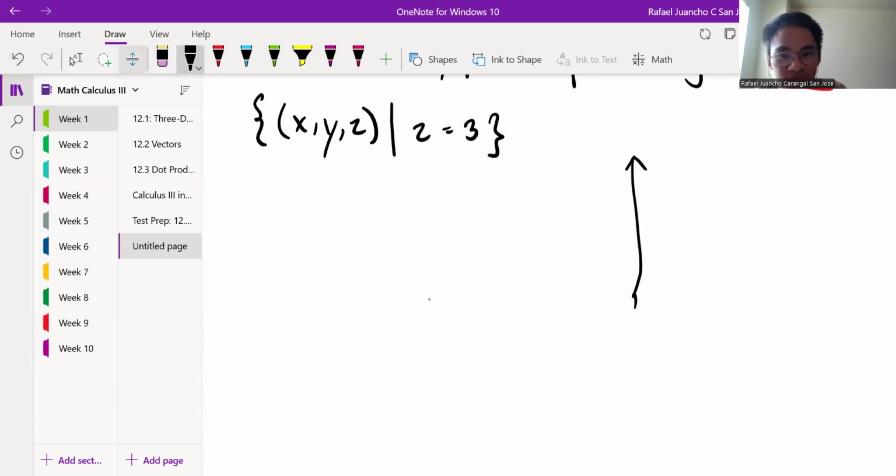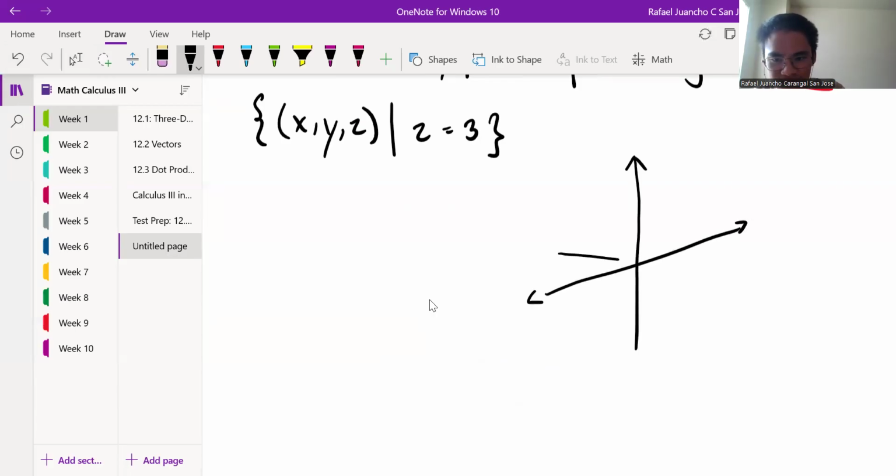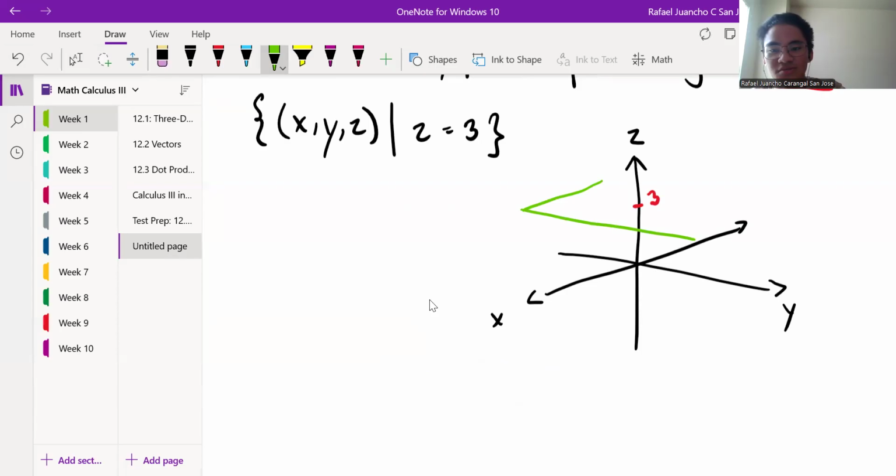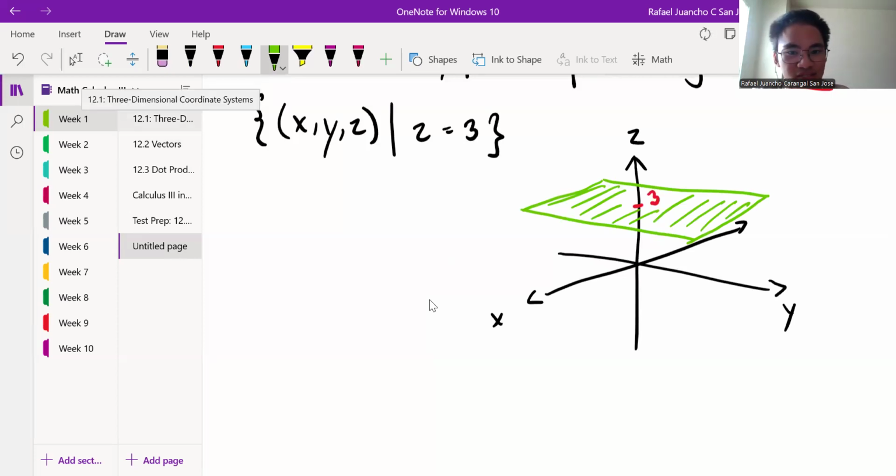I like visuals. Visually, X, Y, Z. Z is 3, and it can only be 3. So I guess this could be a surface, right? Because Z is 3. So this works. We describe the surface, Z is 3.